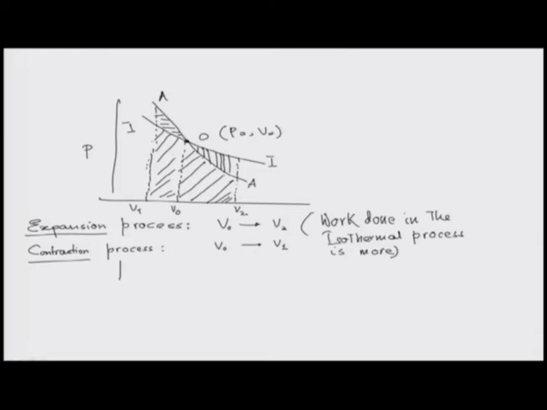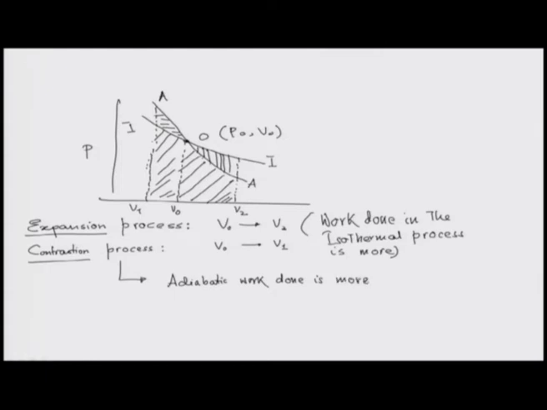In the contraction process, remember both the processes start from V naught, so you have to consider the area starting from here. So, in the contraction process, on the other hand, adiabatic work is more.